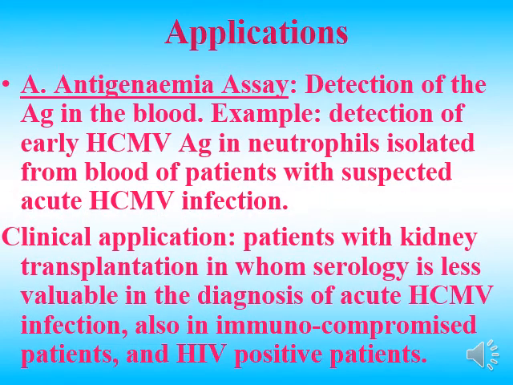The clinical application هو patient with kidney transplantation in whom serology is less important in the diagnosis of acute human cytomegalovirus infection، وكذلك in immunocompromised patient وال HIV positive patient.